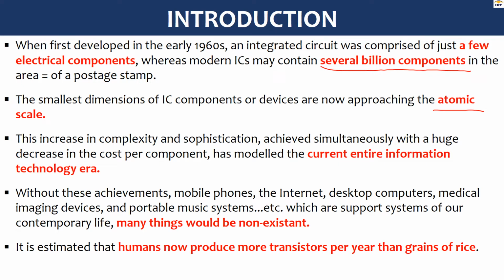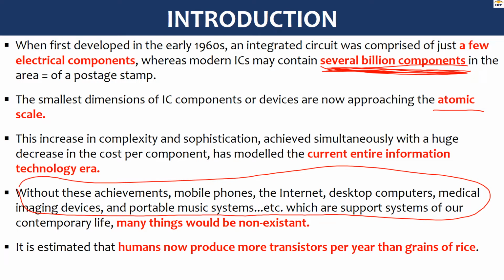But because an IC can carry several billion transistors, it is now possible for us to have all these systems in our world right now. As an interesting fact, it is said that humans now produce more transistors per year than grains of rice. This shows how immense the use and consumption of technology is by us.